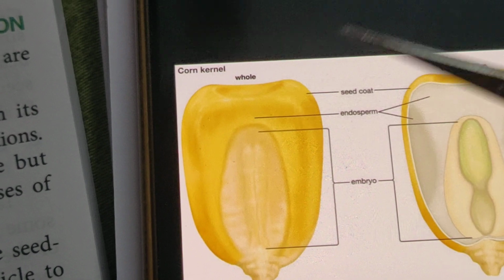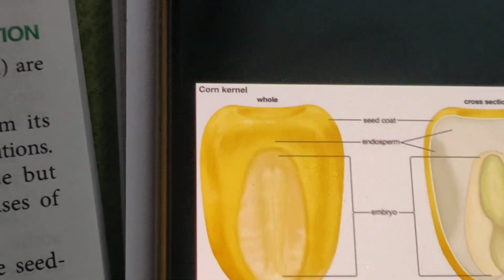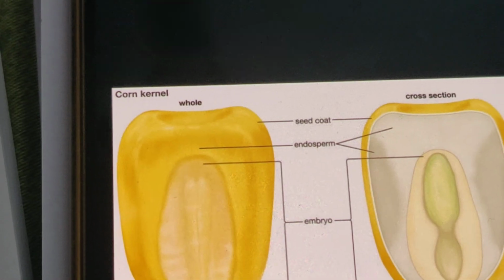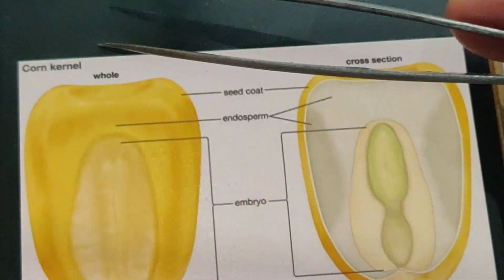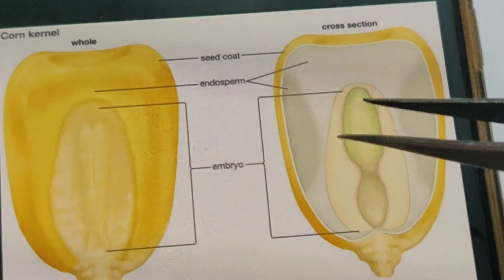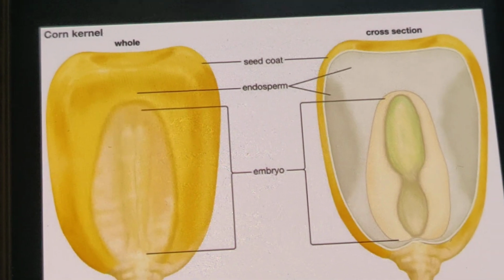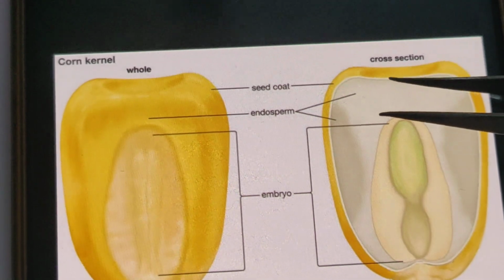And see, here we get the seed coat. I told you, seed coat and fruit wall are fused, so I can't identify it separately like we could in case of gram seed or bean seed. That's not possible here. So if I do a cross section of this, it looks like this. This is the embryo, and this is the endosperm with the seed coat.